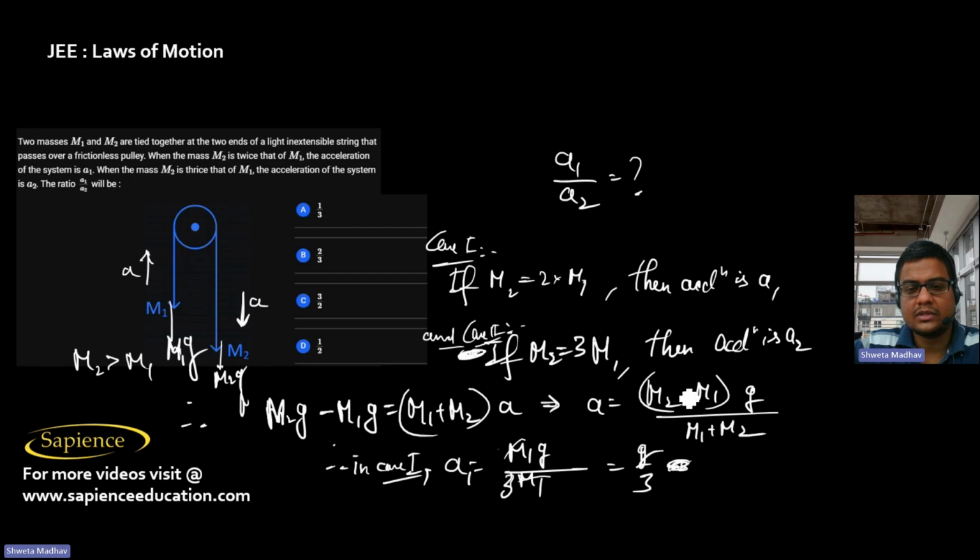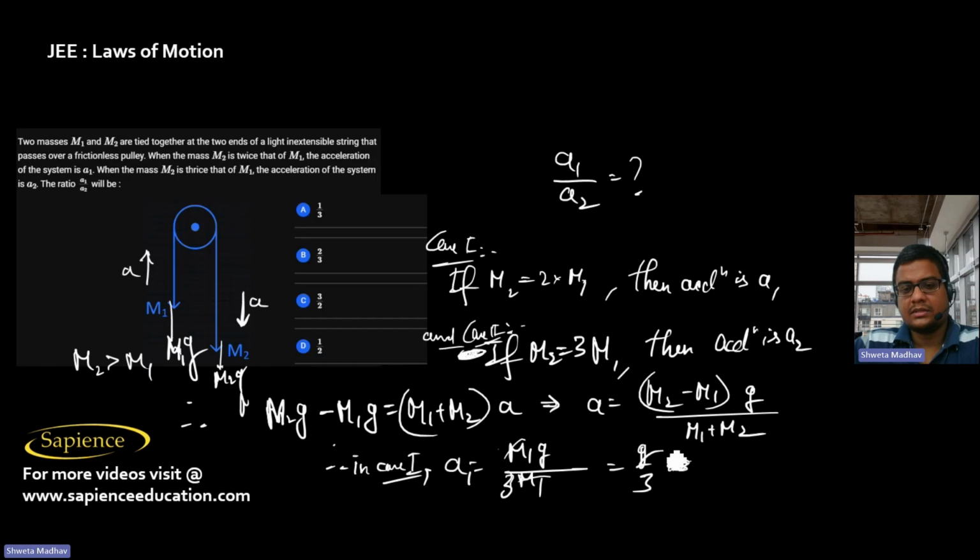Similarly in case 2, the acceleration is a2. Here m2 is 3m1, so 3m1 minus m1 is 2m1, divided by 3m1 plus m1, that is 4m1, into g. That equals g by 2.